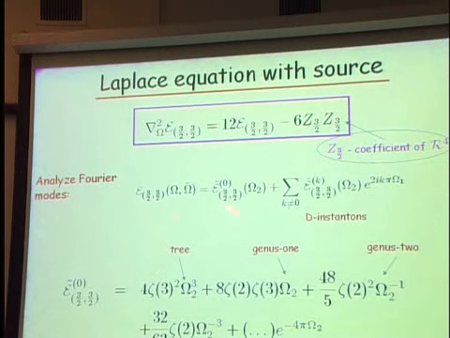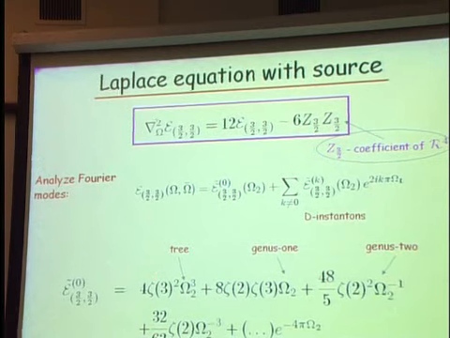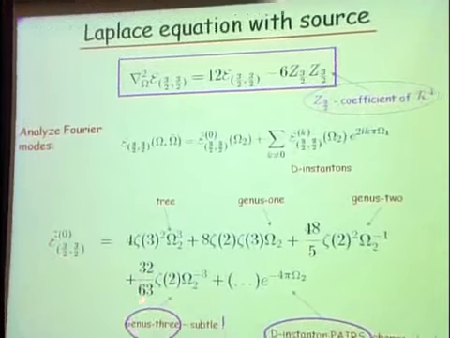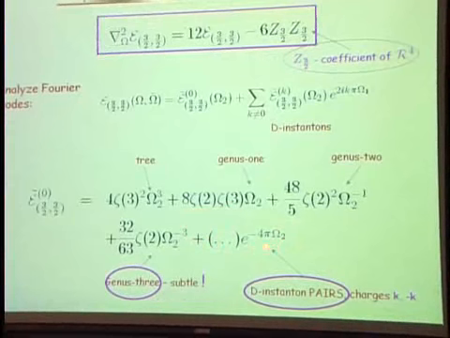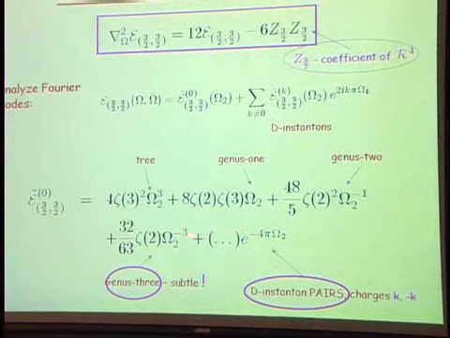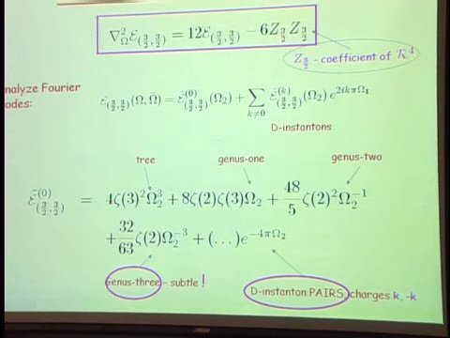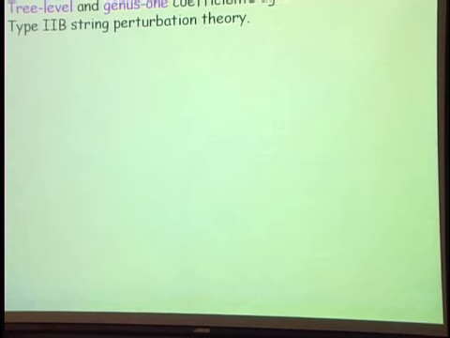Here there are more terms, the tree level, genus 1, genus 2, and a genus 3 term, which is rather subtle to extract, as well as instanton and anti-instanton pairs, which have no overall phase, but which have precisely determined coefficients, which I haven't bothered to write down. And again, to the extent that we can check anything, these agree precisely with what we expect. Tree level and genus 1 agree.